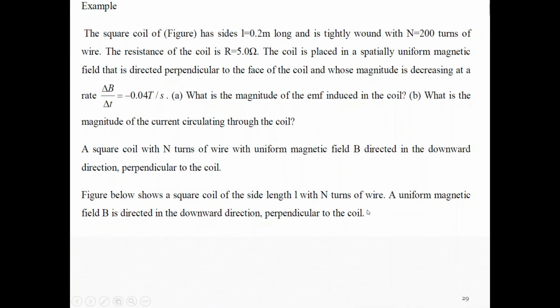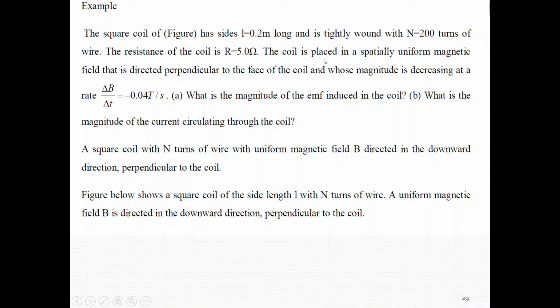Okay, now let's proceed to the next one. This is the best example that we have. It says that the square coil, as can be seen in the figure below, has a side length of 0.2 meter and is tightly wound with 200 turns of wire. The coil resistance is 5 ohm.